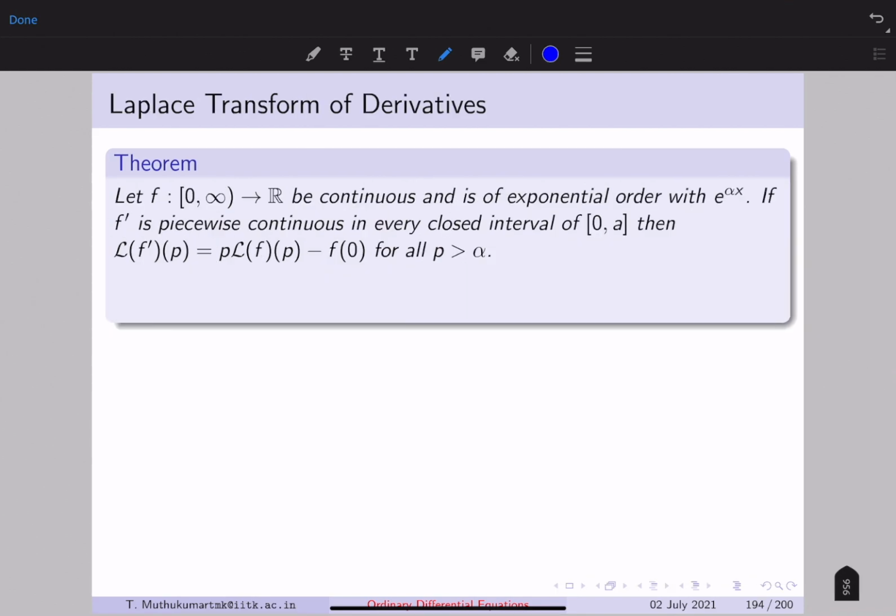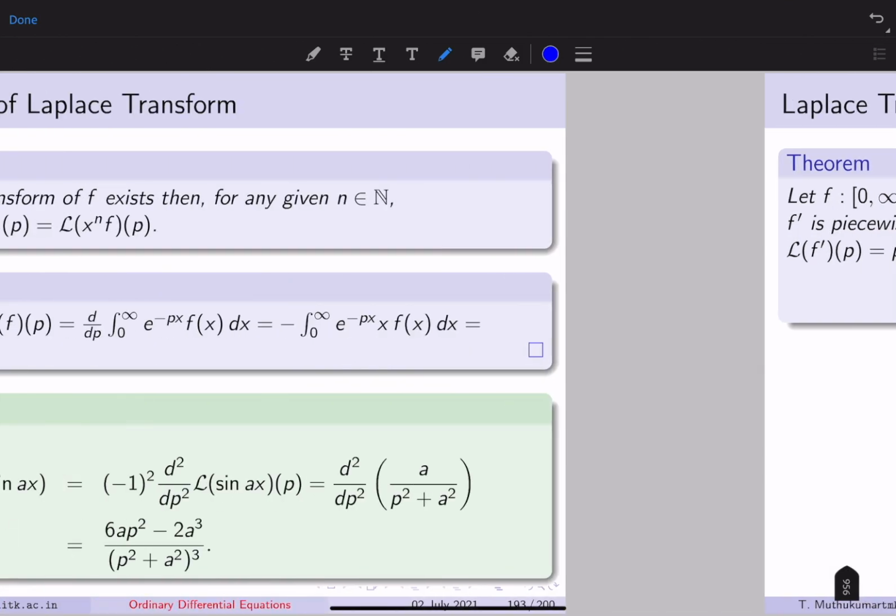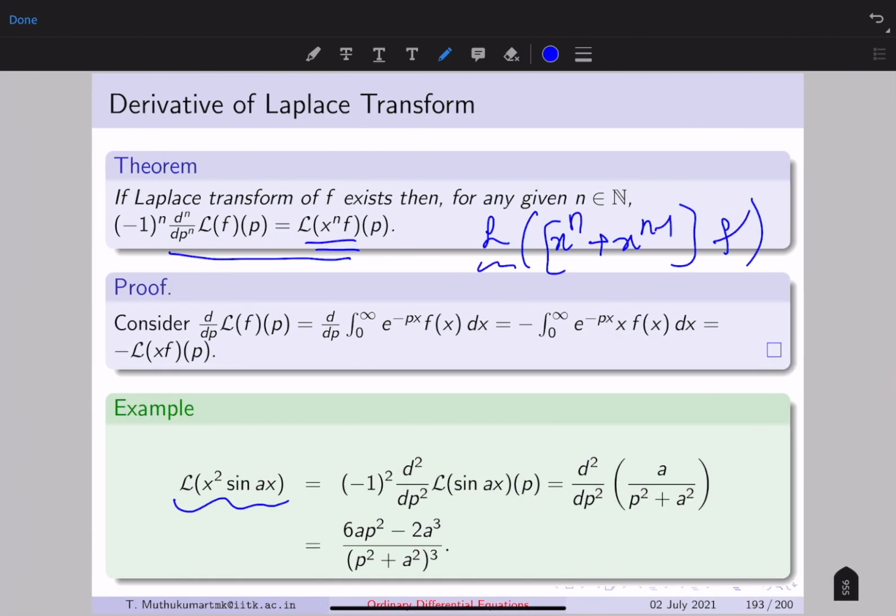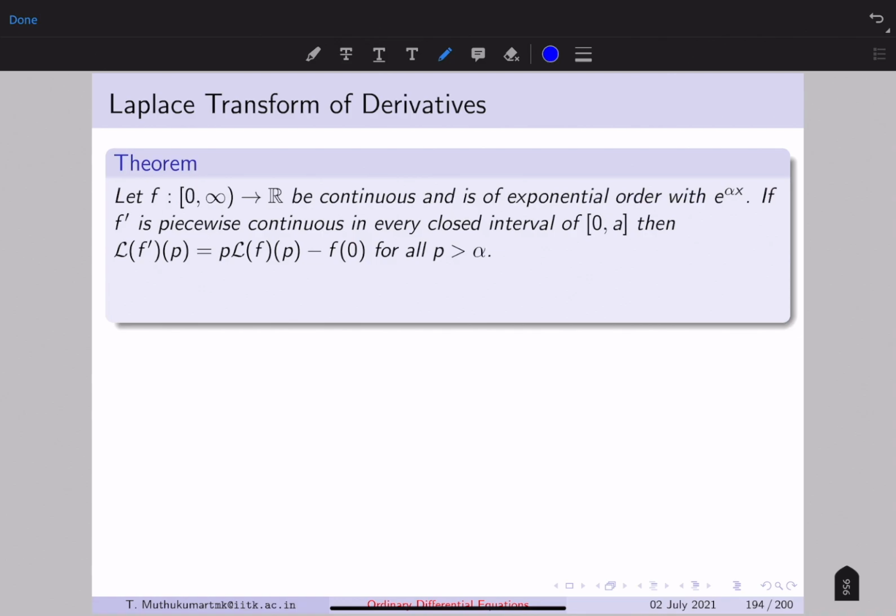Okay. Now, what is the Laplace transform of a derivative? In the previous setup, we looked at the derivative of the Laplace transform. What we are asking now is the Laplace transform of the derivative.